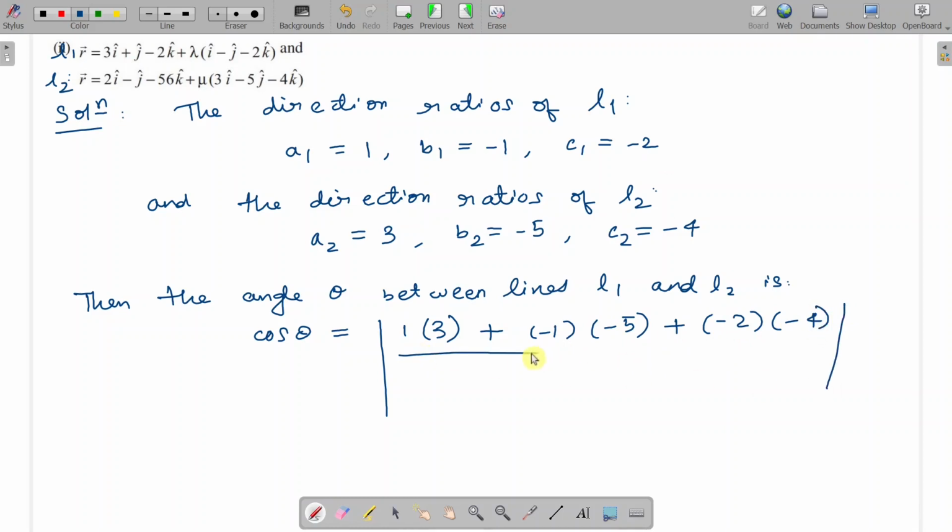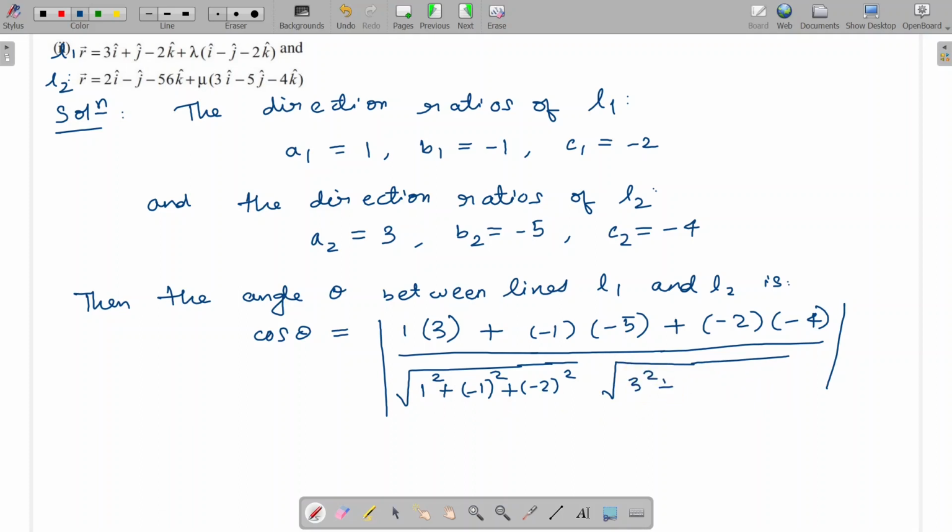and then this is whole divided by root of 1 square plus -1 square plus -2 square, right? Root of A1 square plus B1 square plus C1 square into root of A2 square plus B2 square plus C2 square, so 3 square plus -5 square plus -4 square.